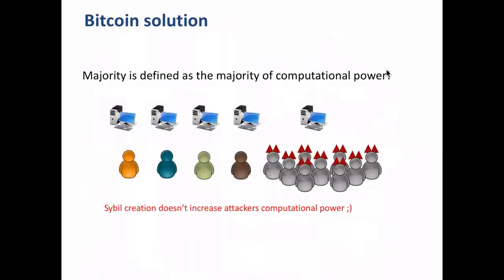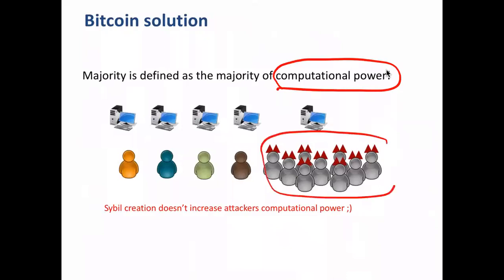Now the simple solution is that it should be based on computational power, not on identities. All these entities are part of one computational power, so it shouldn't matter, because this will be treated as one.